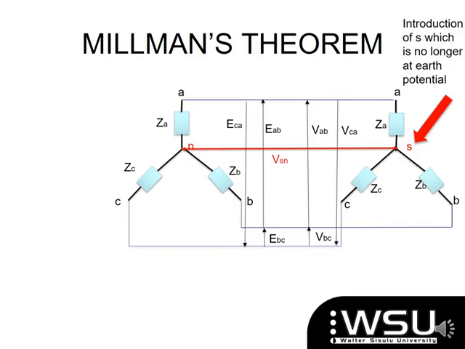Then coming into Millman's theorem, what we need to notice here and recall is that your VCN utilizes your phase voltages. It doesn't utilize your line voltages, guys. It utilizes your phase voltages.